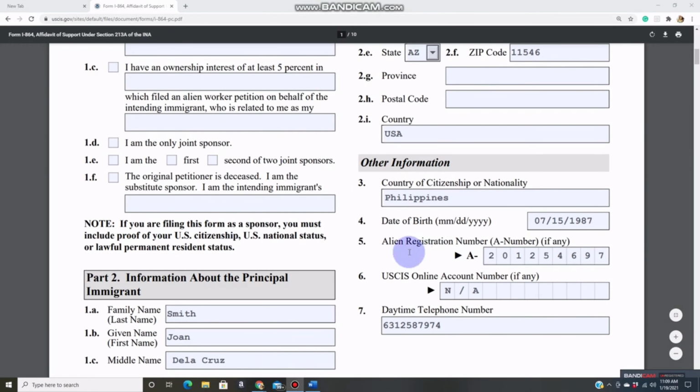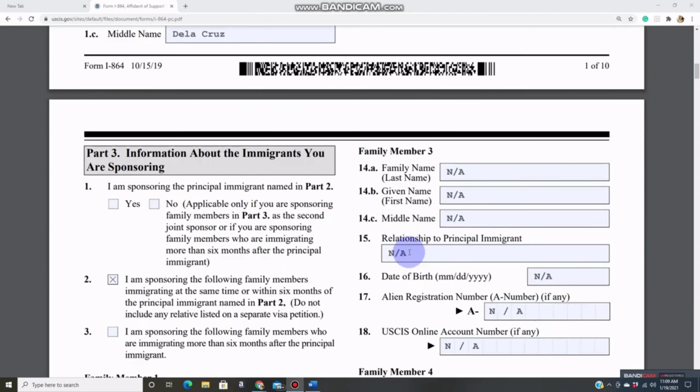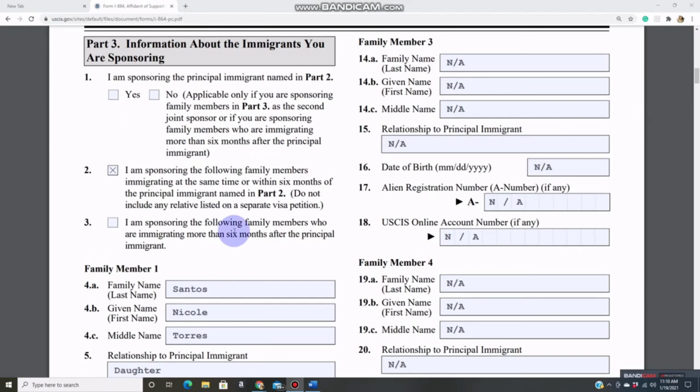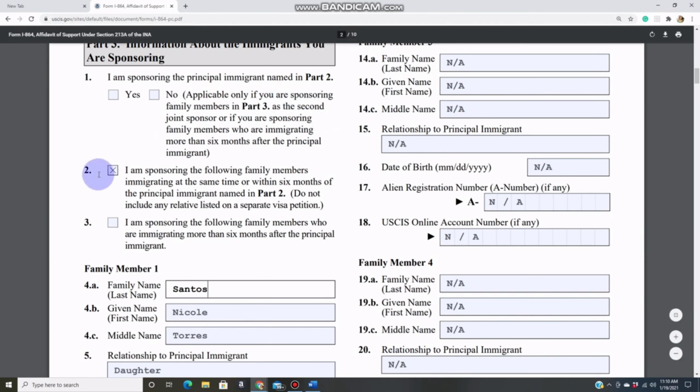So let's move forward to Part 3, Information About the Immigrants You Are Sponsoring. In this part, you are going to write down the name of your derivative applicant. I take number 2: I am sponsoring the following family members immigrating at the same time or within 6 months of the principal immigrant named in Part 2.